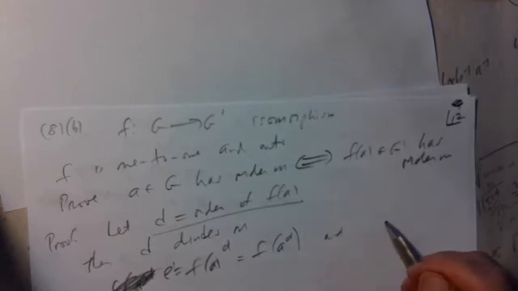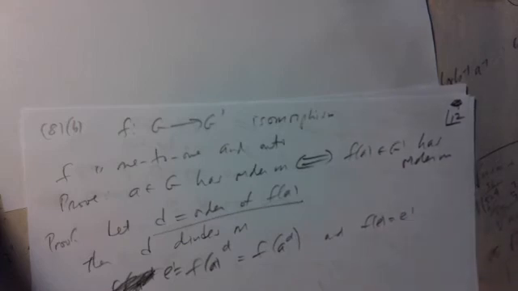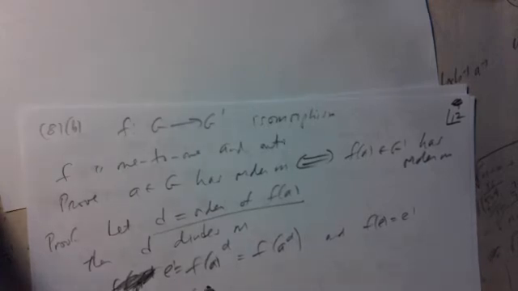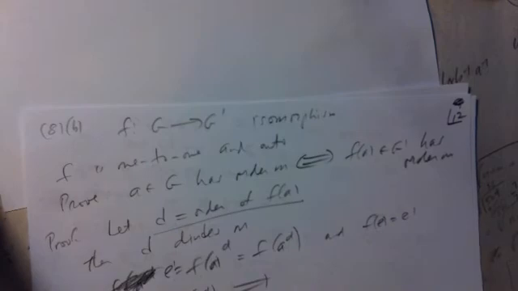And f of E is the identity. So we have f of E is the identity, and f of A to the D is the identity. So that means A to the D equals E, because f is 1 to 1.